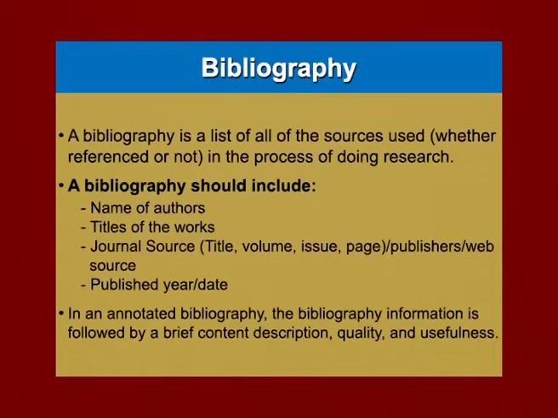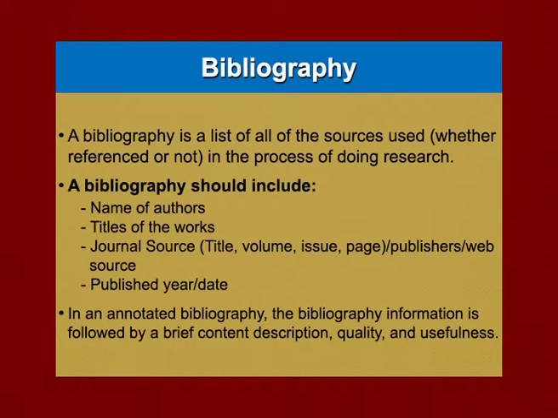The second type in this category is bibliography. Bibliography is basically a list of all sources used in the process of doing any research. Now with an example we will see how bibliography is helpful. Bibliography essentially includes names of authors, titles of the works, sources.